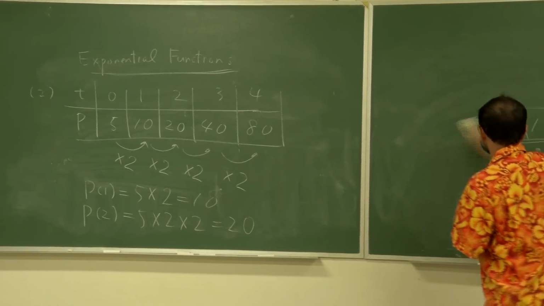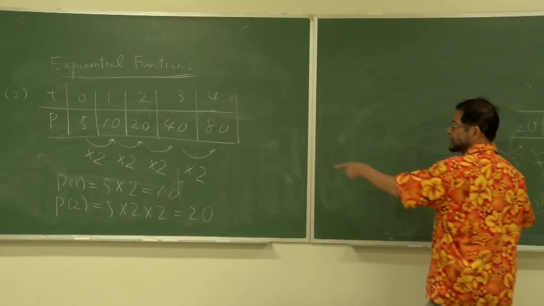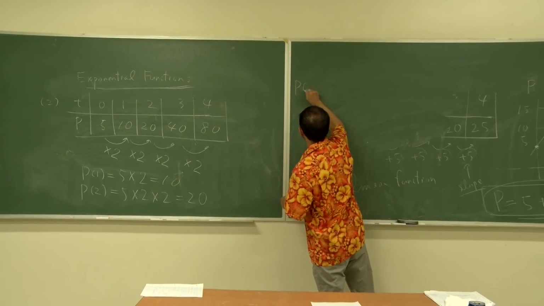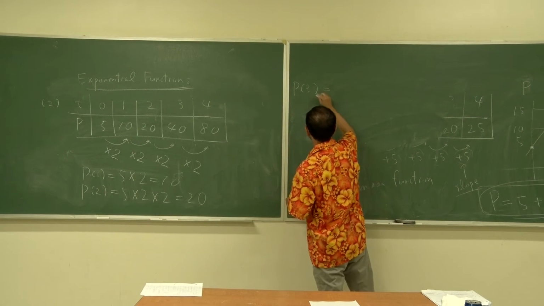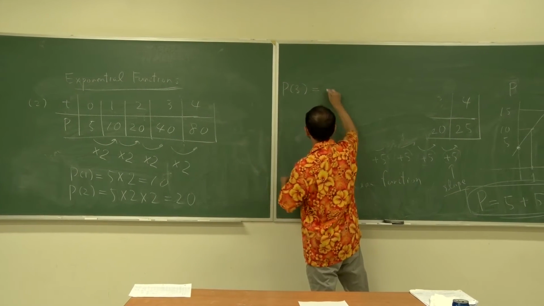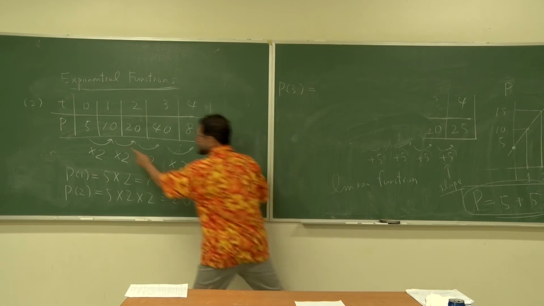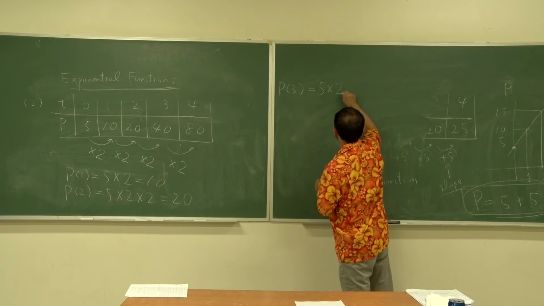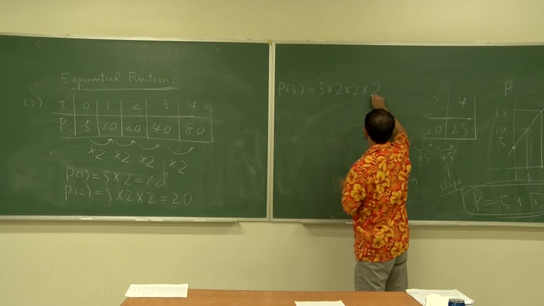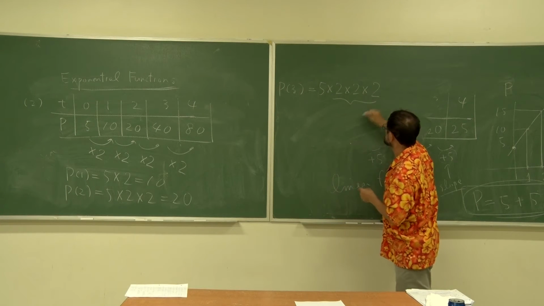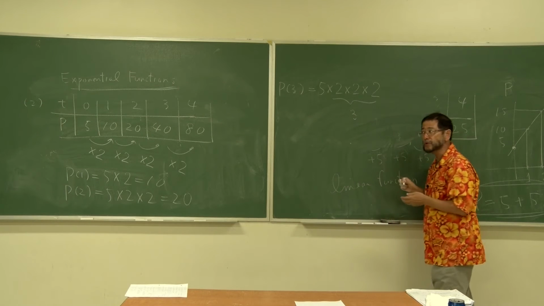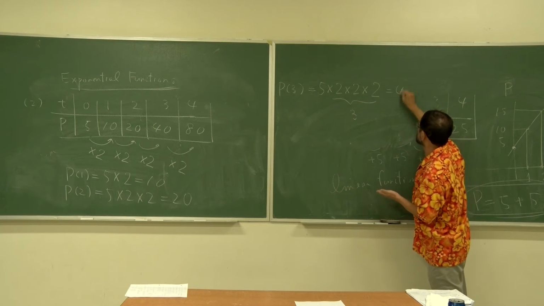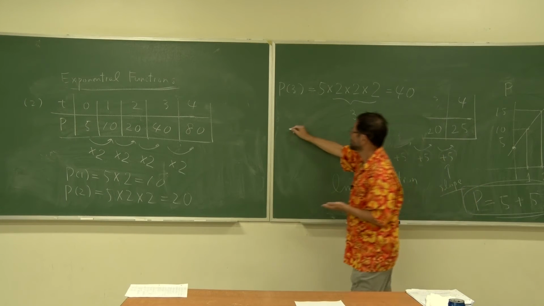Continuing this way, you will see that P3, the value at 3 years later, is obtained by 5 times, you have to multiply 2 three times. Then you get 40.